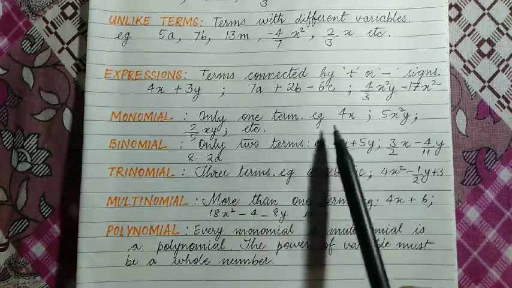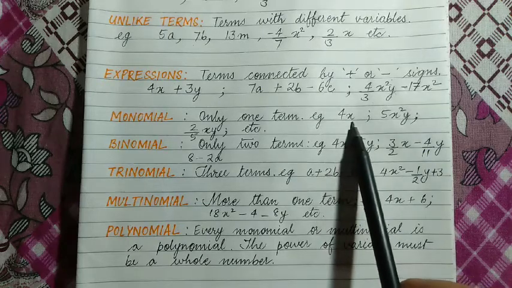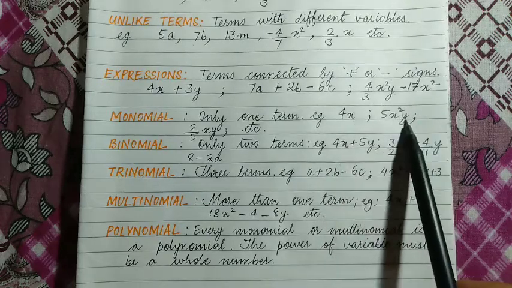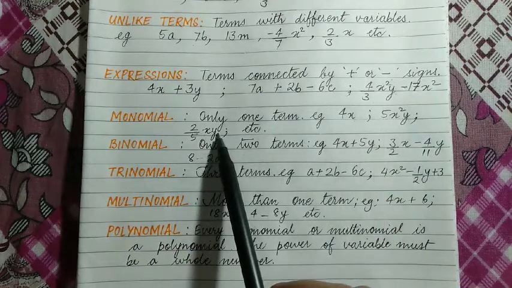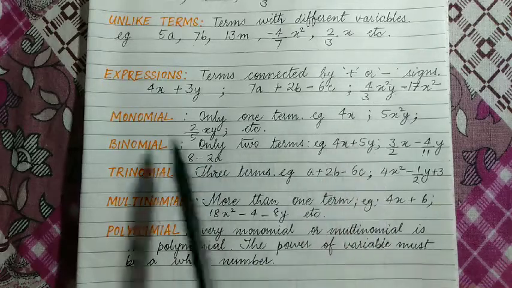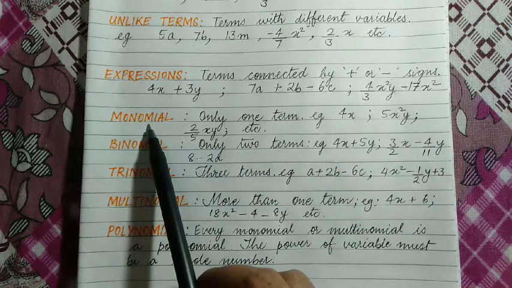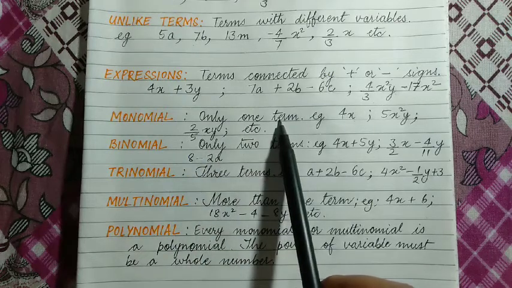Here the example taken is 4x, which is itself a single term. 5x square y is another single term, and 2 by 5xy is another single term. So all these single terms are monomials.